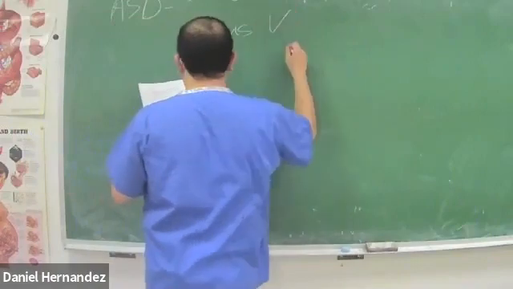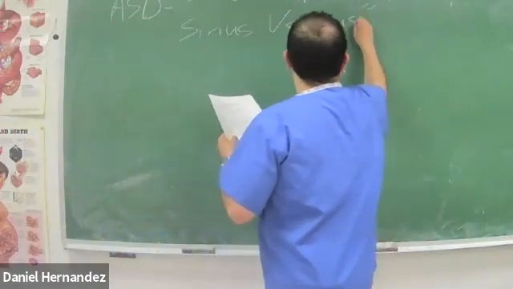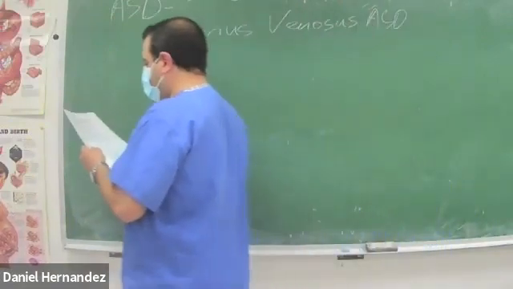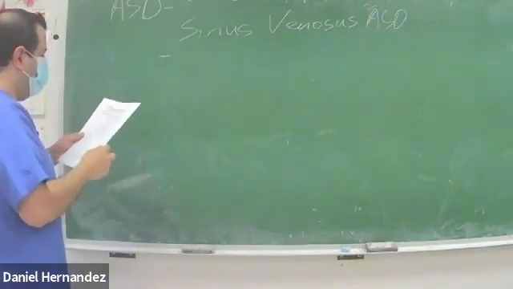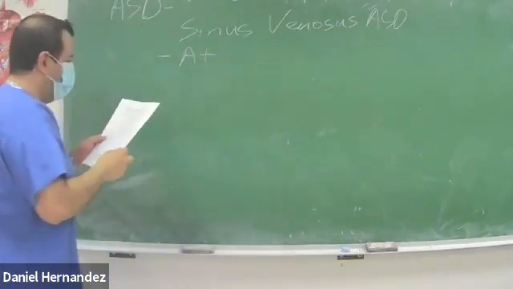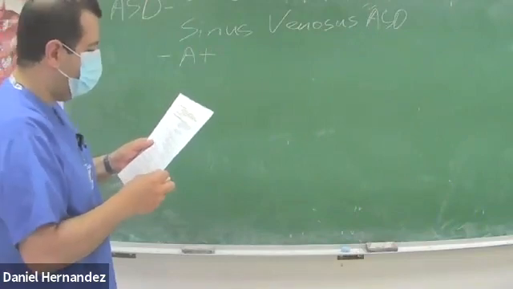Sinus venosus ASD. So this is seen at the junction of the right atria and superior vena cava.